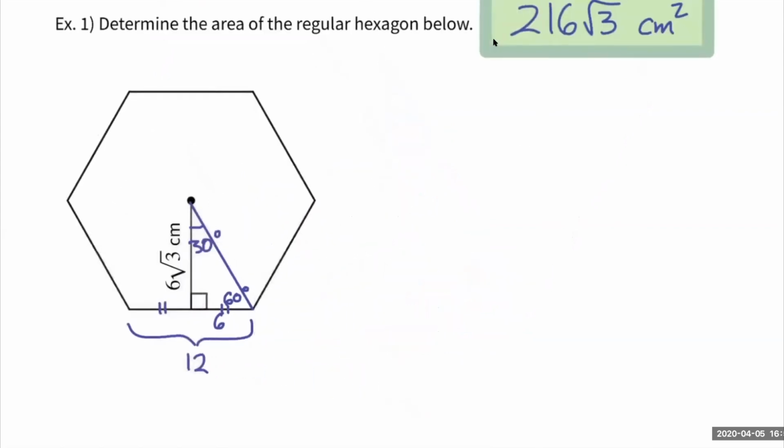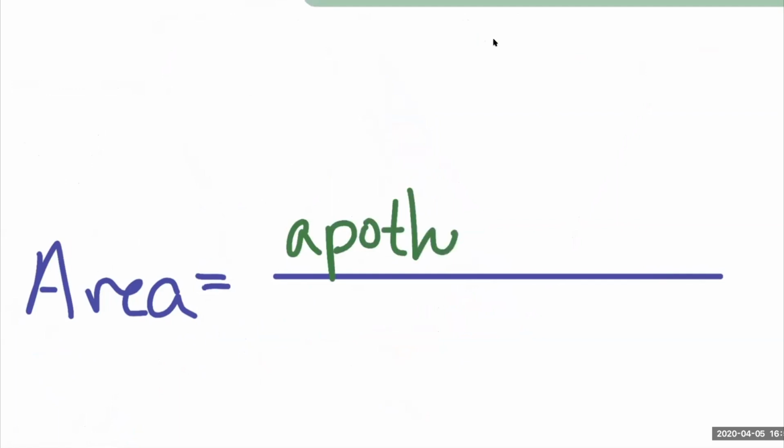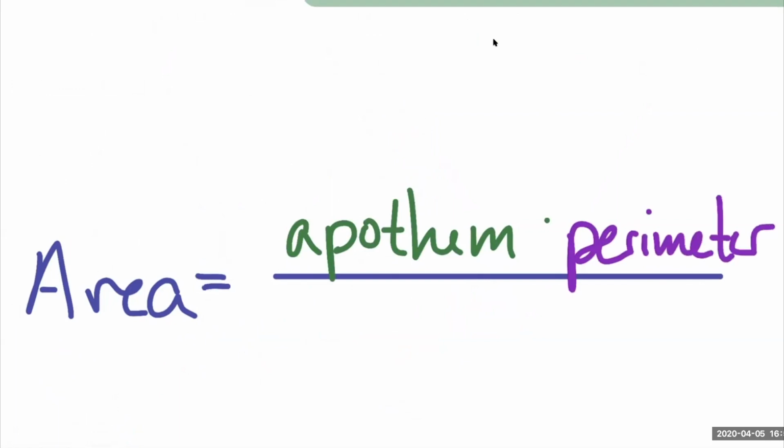All right, so now we have all the pieces that we need in order to solve for our area. Again, I'm going to write this formula down just for good practice. Area is equal to, we'll color code it here, let's go green, the apothem times the perimeter all over 2.